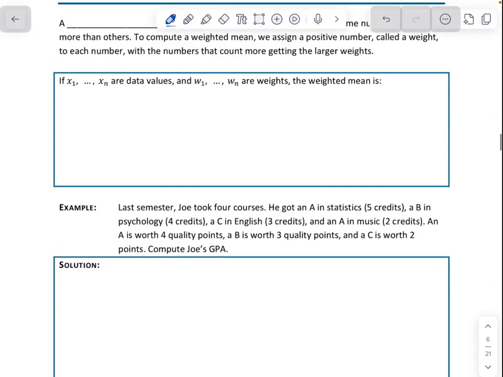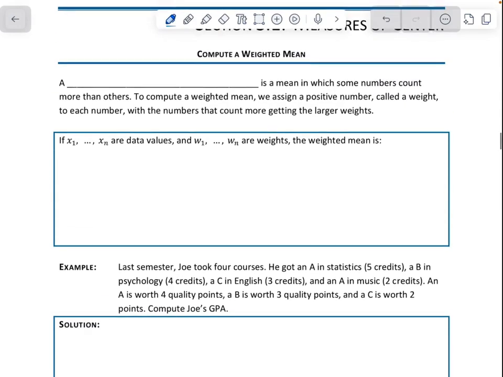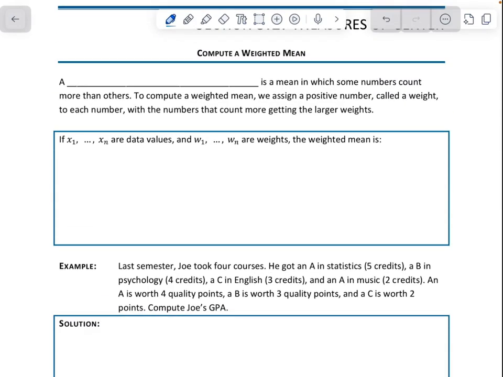Now the next thing we're going to look at, and it's actually the last thing for today, is what is called a weighted mean. A lot of times this happens when you have grades. Now, at Lindale, we have 50-50 grades.